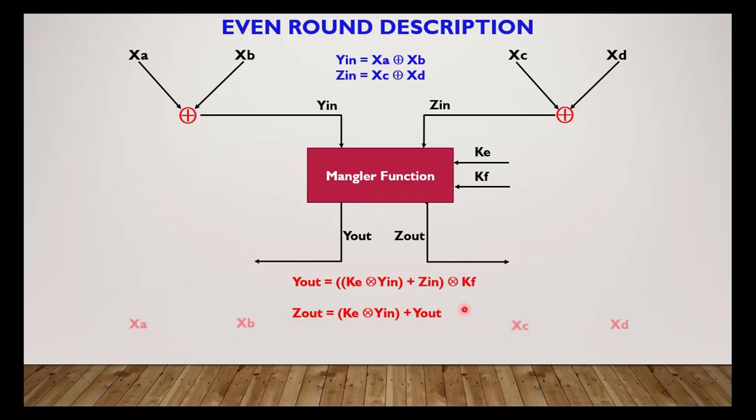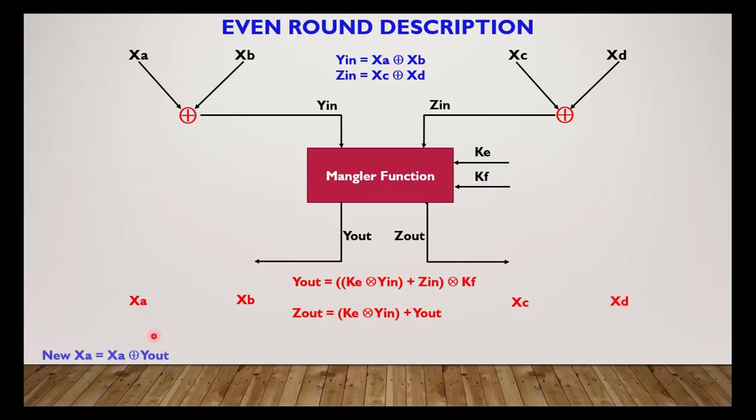And after performing certain operations, you will get these entities XA, XB, XC, and XD as output of this particular round. These are the new XA, new XB, new XC, and new XD. You can call it intermediate ciphertext, because this will work as an input to another round. Fine. And now we will see how this XA, XB, XC, and XD are calculated.